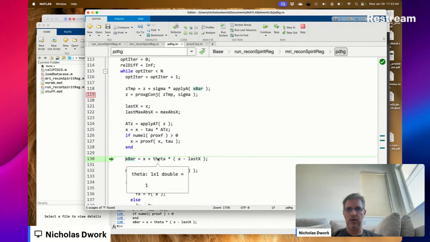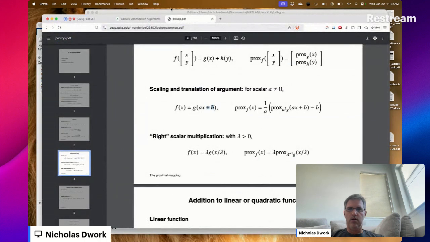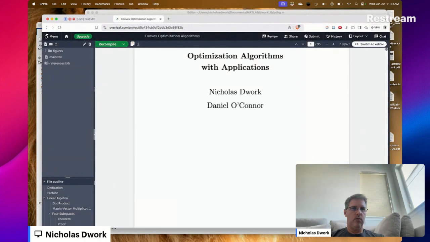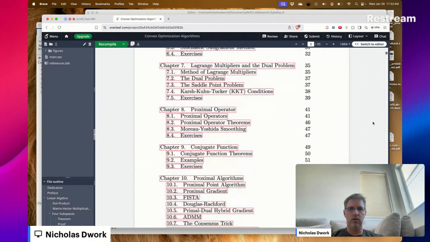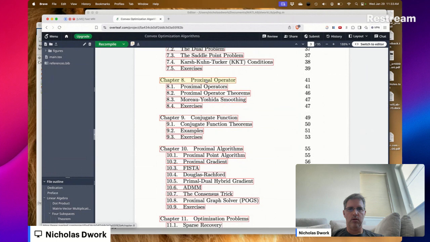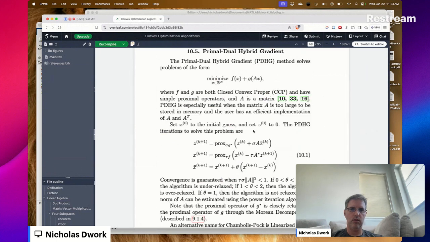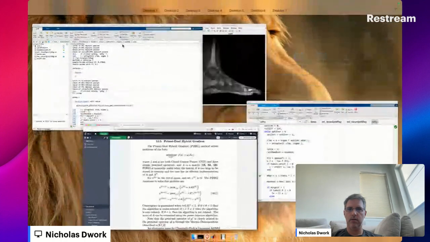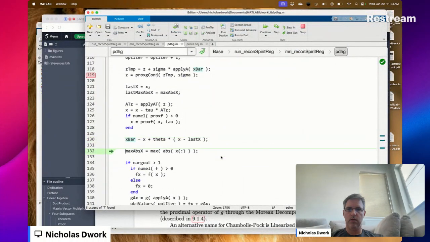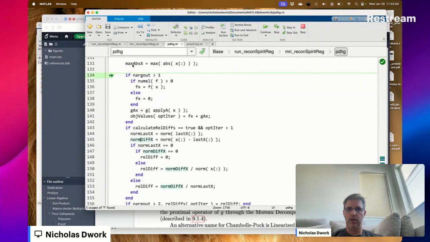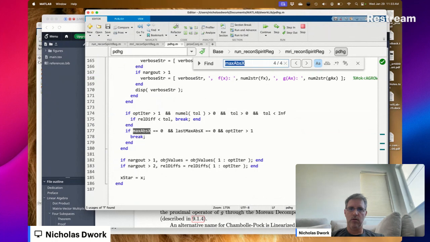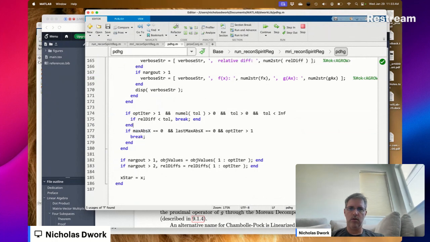Theta, I think, is 1. Yeah, that's what it is. What am I using that for? Oh, I see.